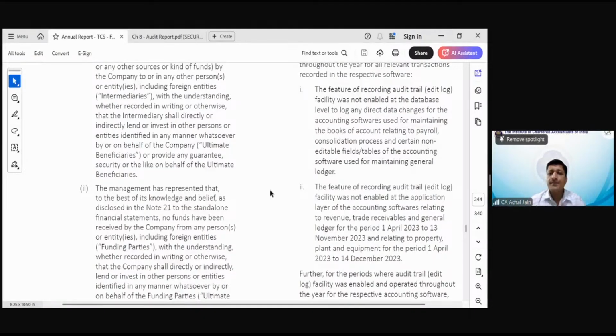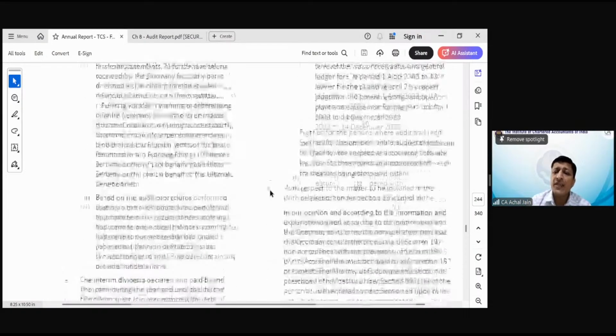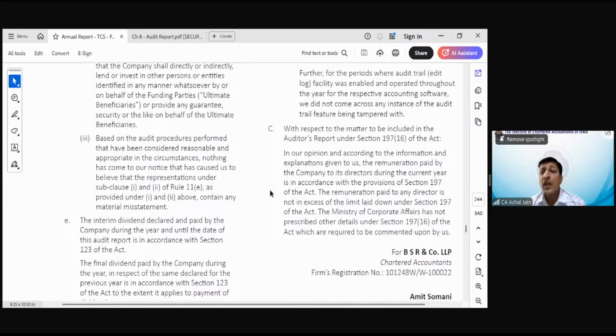So first, he's saying feature of recording audit trail facility was not enabled at the database level. So more of technical requirement. So wherever there was any exception, he has specified. Further, he is saying for the period where audit trail facility was enabled and operated throughout the year, we did not come across any instance of audit trail feature being tampered with. Okay, clear?